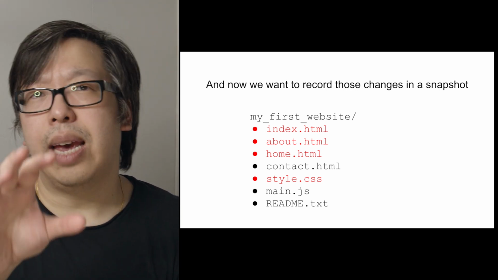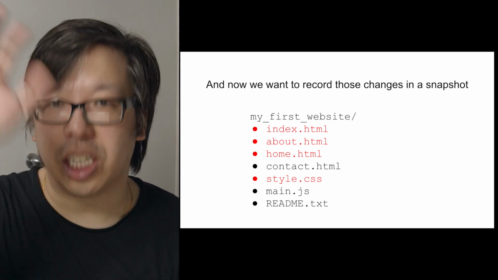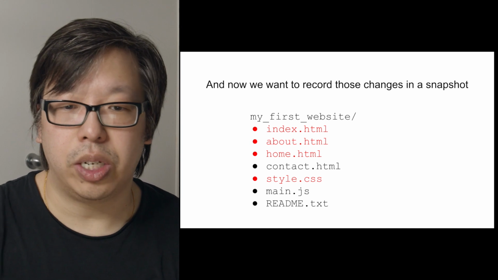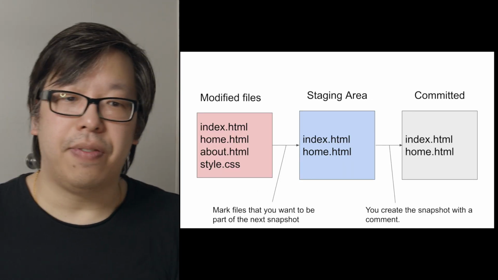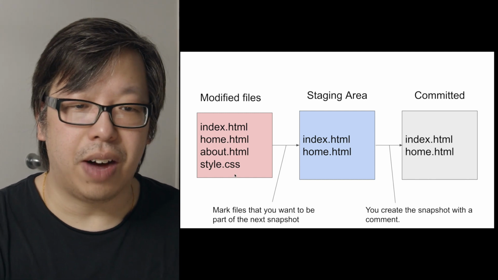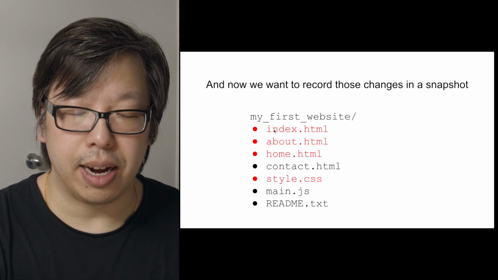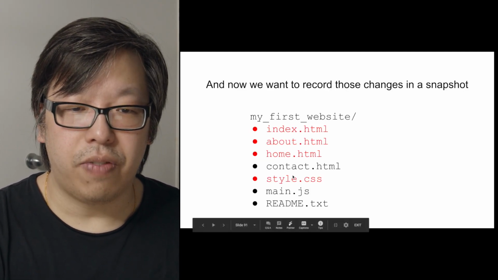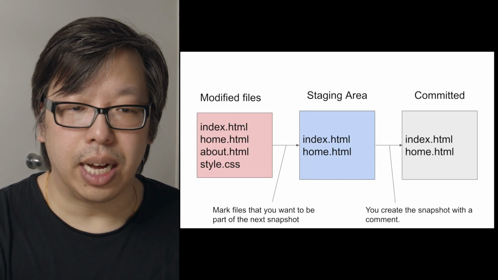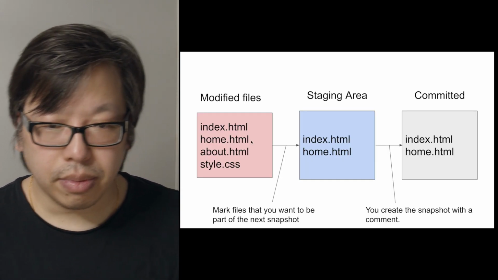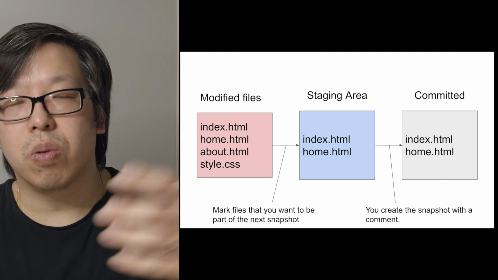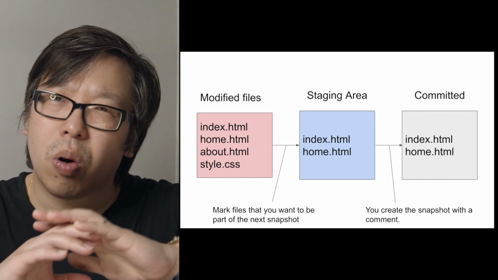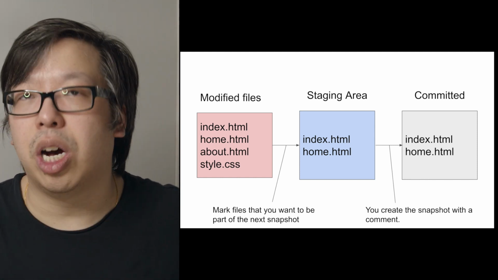Now let's say we want to record those changes in a snapshot. So what we do is we take a look at the modified files. These are the 4 modified files that we have. Going back here, these are all the files, but only those 4 are modified. Let's say the snapshot that we want to record, we actually don't want to record all of them in a single snapshot.